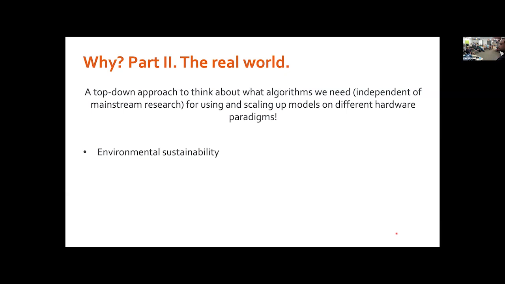And there are also all of these very obvious arguments about environmental sustainability that you're all aware of, and access to AI, because right now you still need a lot of GPUs to run the large models, right? It's not accessible to everyone. I was thinking about how long it is going to take for us to be able to run these kinds of models on a phone.